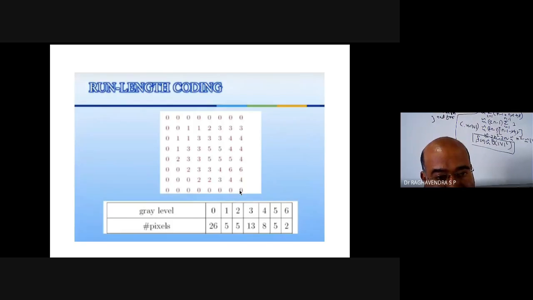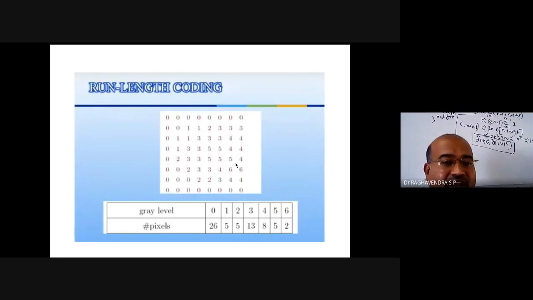I think I missed the answer there. 26 zeros are present. Shall we count again? So we have 3, 4, 5, up to 26.